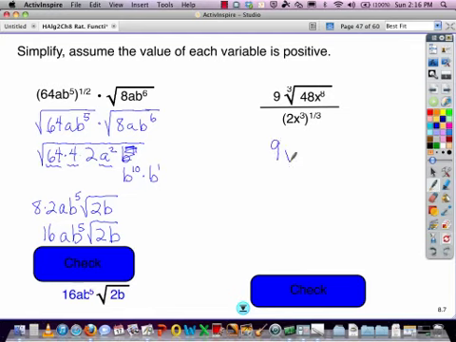So 9 times the cube root of 48x to the 8th all over the cube root of 2x to the 3rd. Now in this case, I do believe it makes sense to go backwards on that property, which says we can write this as one big radical, because they are the same style of radicals. They're both cube roots. So we're going to do this.